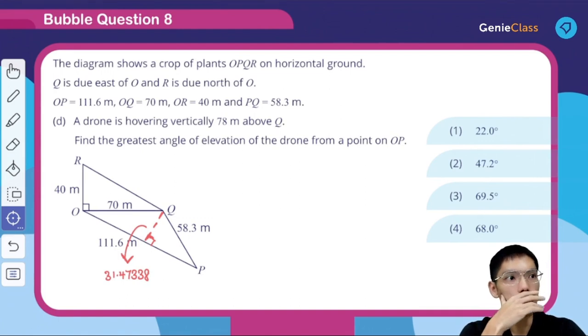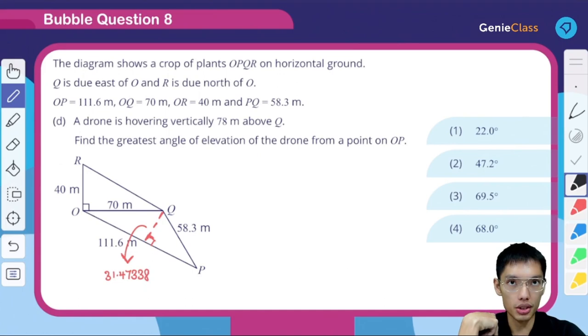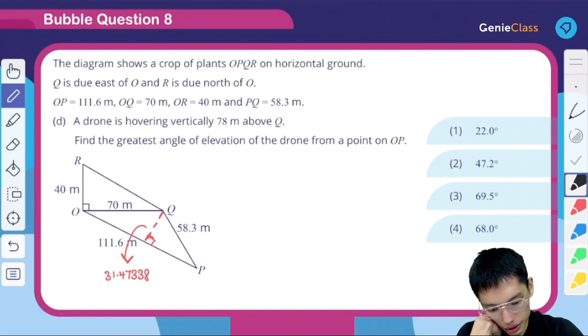Alright, note to moderator. Take note. Hovering vertically above Q. What does it mean? That means on Q over here, I'm unable to draw it because it's 3D. That's the hint over here. I have it as 3D. Hovering above Q, that means it's above here.